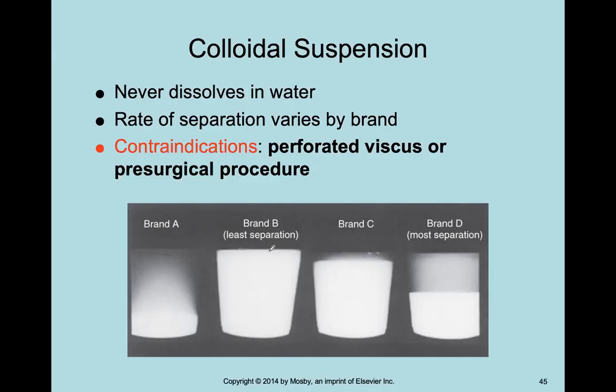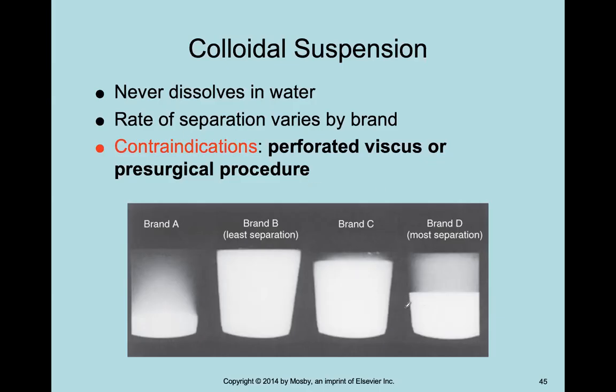So this patient, if enough of it has leaked out, will have to go to surgery. So contraindications for barium are perforated viscous or pre-surgical procedure. If your patient has had recent surgery, you don't want to give them barium, or let's say they're scheduled for surgery tomorrow, you also don't want to give them any barium.